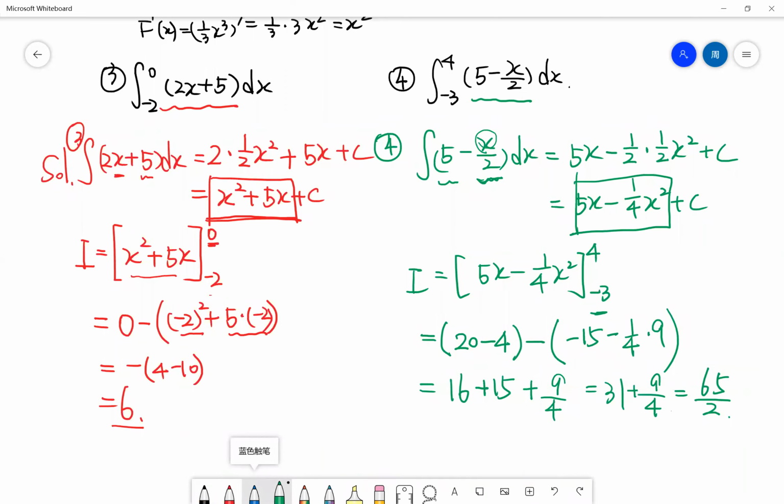Okay, so that means 124 plus 9, so that means 133/4, right? Okay.